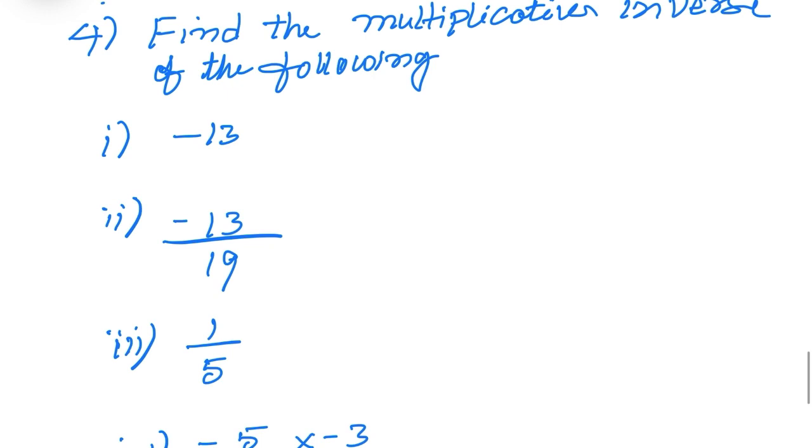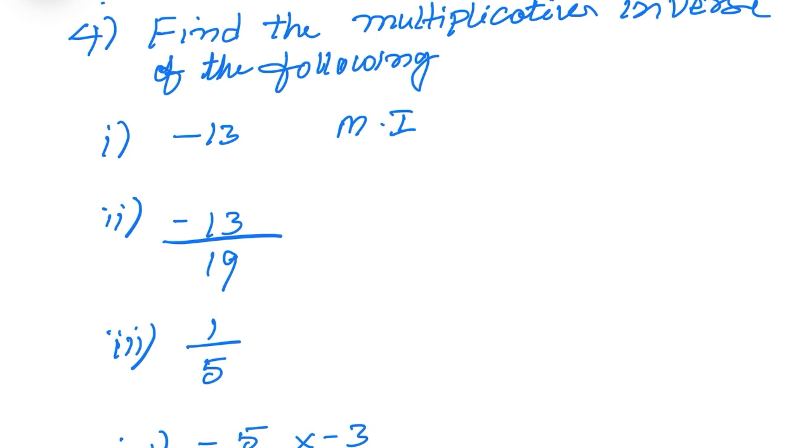Find the multiplicative inverse of the following. Remember, in the earlier properties we discussed this one. Multiplicative inverse means you have to take the reciprocal, right, without changing the sign. Minus 13. So multiplicative inverse is very simple.